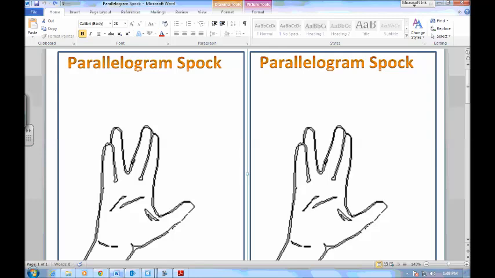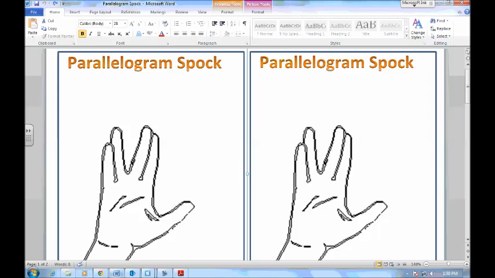Parallelogram Spock. Look at my hand, please. There is one relationship about the diagonals of parallelograms. There are 2 relationships about the angles. And there are 2 relationships about the sides. 1 relationship about the diagonals, 2 relationships about the angles, 2 relationships about the sides.